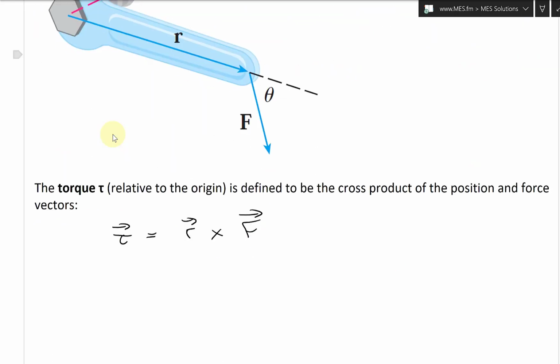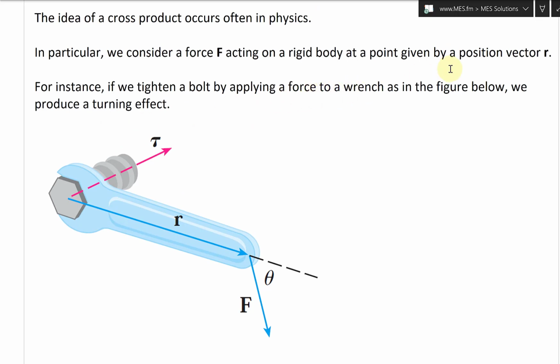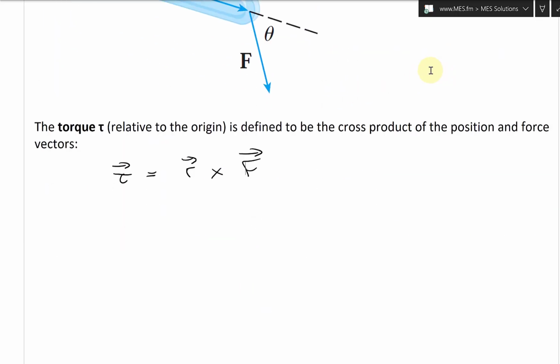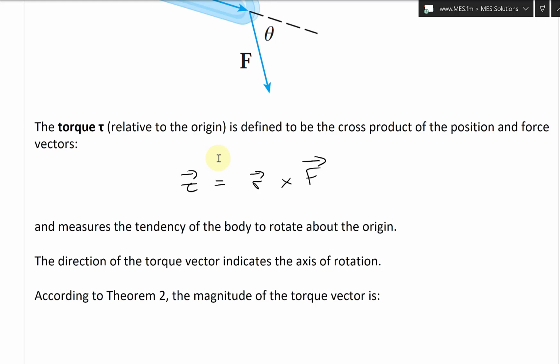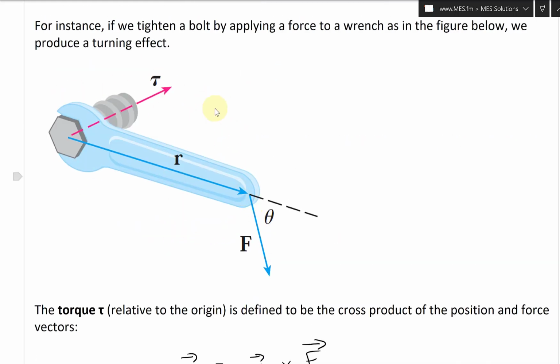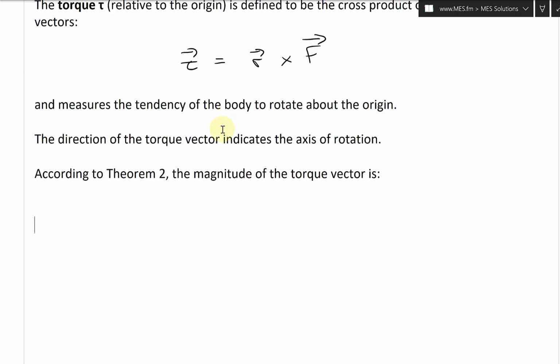That is the turning effect there. This torque measures the tendency of the body to rotate about the origin. The larger the value, the more tendency it has to rotate. The direction of the torque vector indicates the axis of rotation.